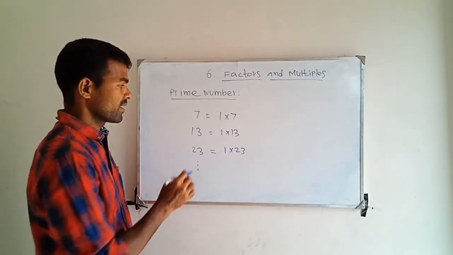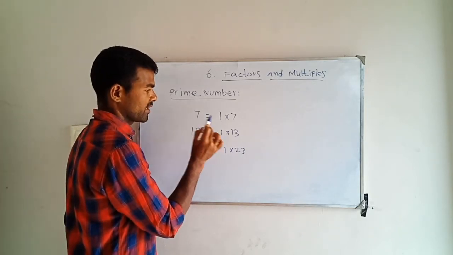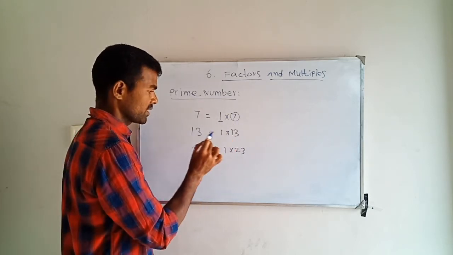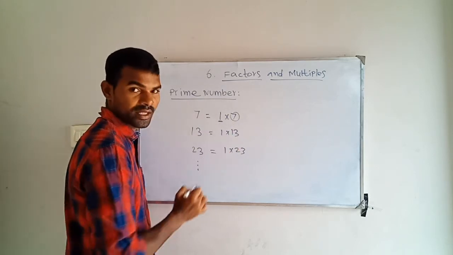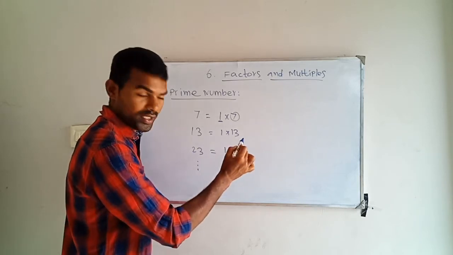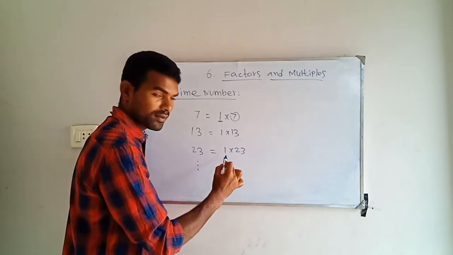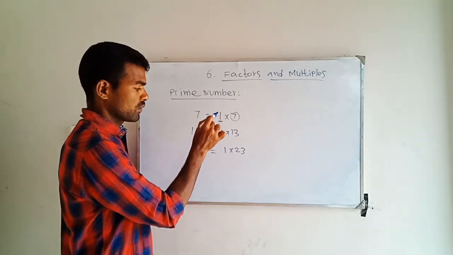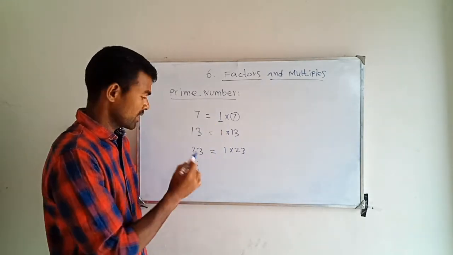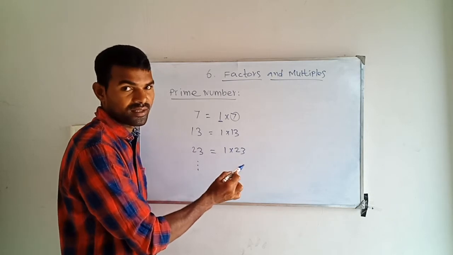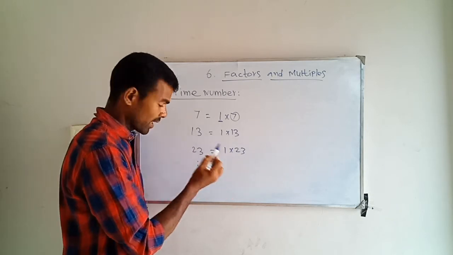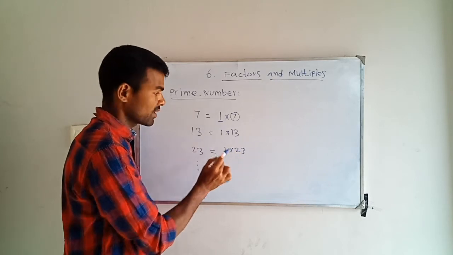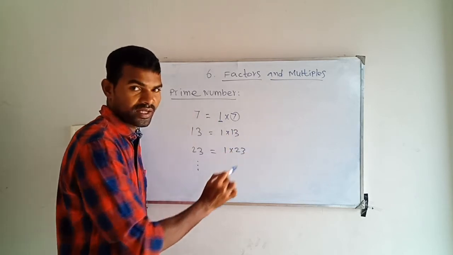For 7, 7 itself is a factor and 1 is a factor. For 13, 13 is a factor and 1 is a factor. For 23, 23 is a factor and 1 is also a factor. So all these numbers have 1 as a factor and the number itself as a factor.